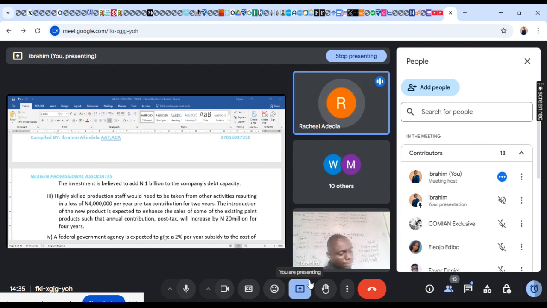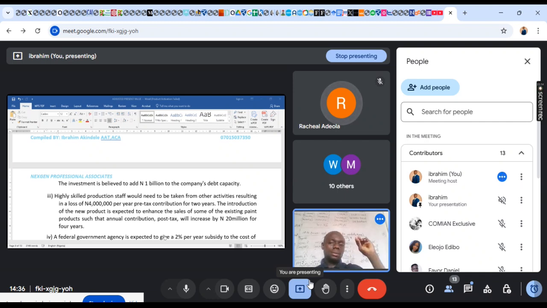The introduction of the new product will enhance the sales of some of the existing products, such that annual contribution post-tax increases by 20 million for 4 years. Thank you. So there will be an annual contribution post-tax, that is after tax, you're taking after tax into consideration, increased by 20 million for 4 years. 20 million, 20 million, 20 million.